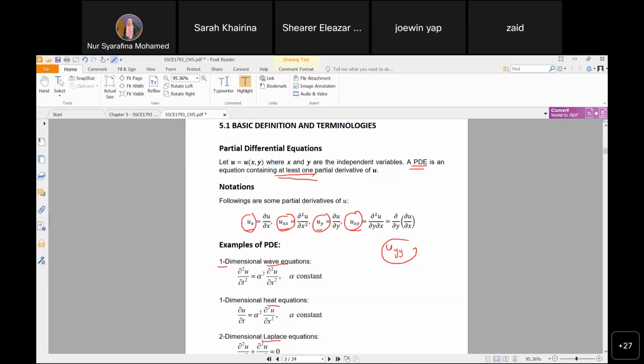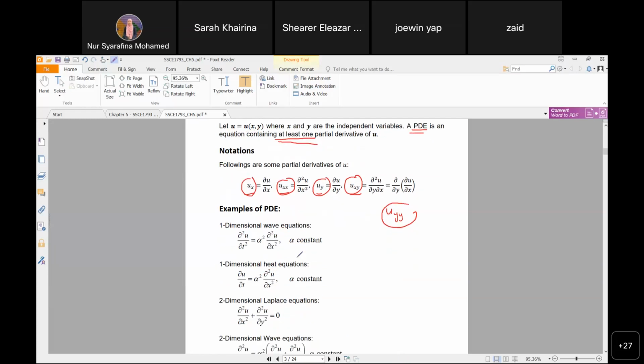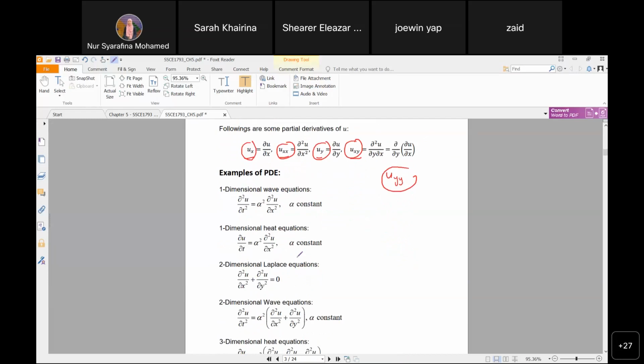If there is at least one partial derivative of u in the given equation, then we call it a partial differential equation. Examples of this PDE are wave, heat, and Laplace. As you can see, there are partial derivatives of u there.